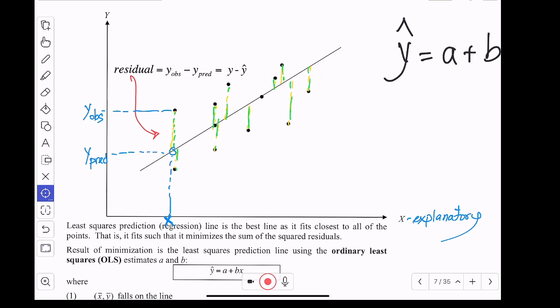But before I talk about those results, I want you to realize the residuals on the top, what would they be, positive or negative?